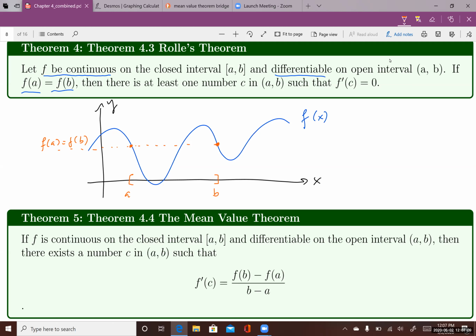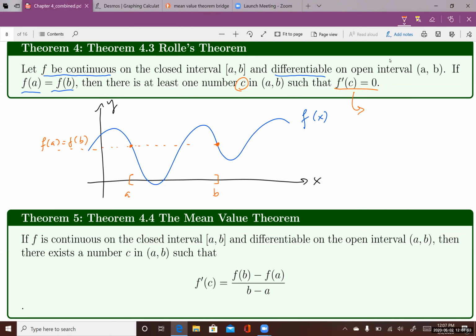All right. So if these three conditions are satisfied, then you're guaranteed there's at least one value c in between a and b such that the derivative at c equals 0. Again, if the function is continuous, differentiable on the open interval from a to b, and the function value at a is the same as the function value at b, then you're guaranteed to have at least one value of x, which we call c, in between a and b, such that the derivative of f at c equals 0.